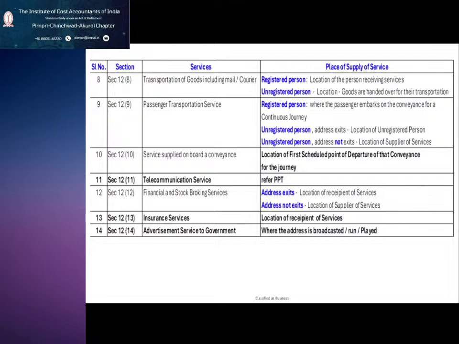So here, the place of supply is which one? In this particular scenario, it is Bangalore. Why? Because it is the location of the recipient of the service. Though he has factories, manufacturing units in Cochin, Chennai, Vijayawada and Hyderabad, the corporate office which is in Bangalore is like a head office.